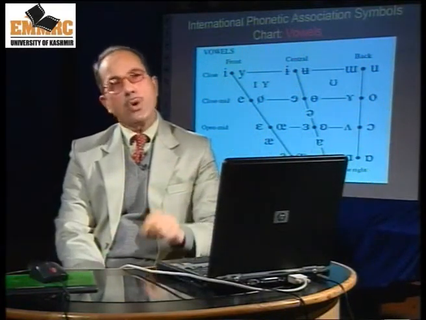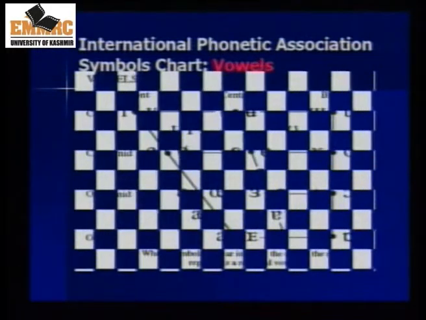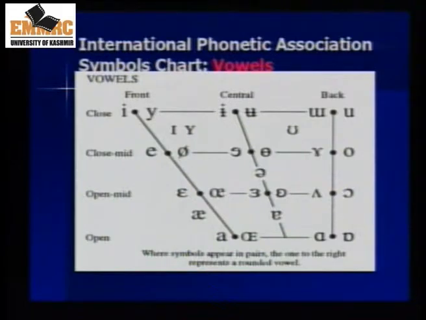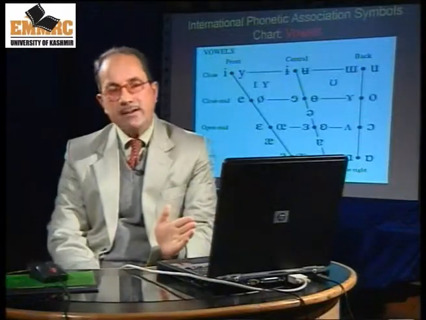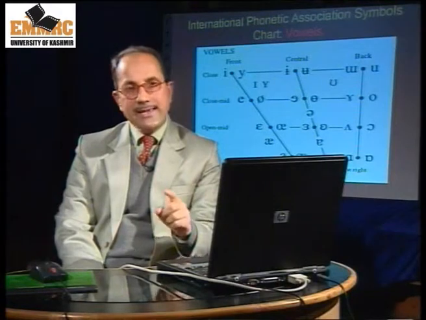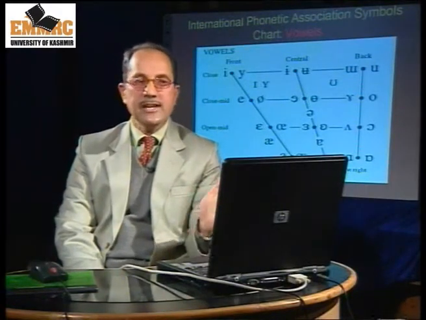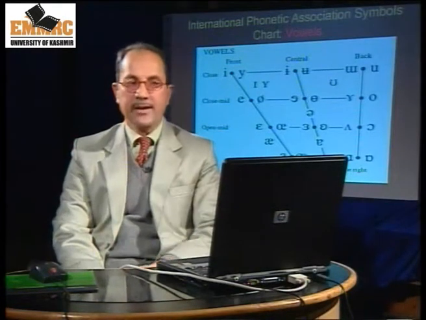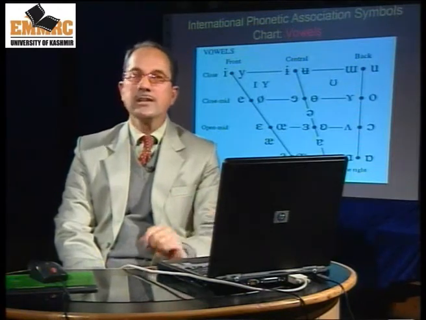contains a quadrilateral diagram. As you can see, there are some front vowels, central vowels, and back vowels. And if you look at the diagram, on the left-hand side, outside the diagram, there are four front primary cardinal vowels. And inside, on the same line, there are secondary cardinal vowels.